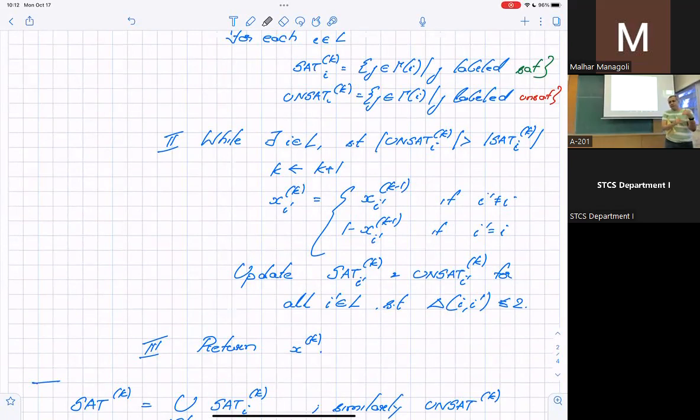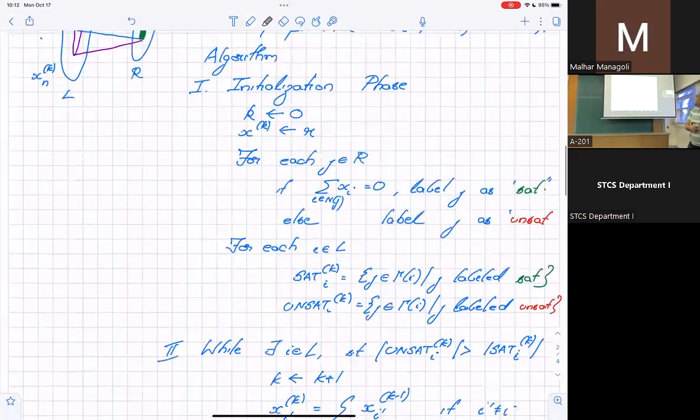So to show that the whole algorithm is linear time, it suffices to show that the initialization phase is linear time, and each iteration of the while loop can be performed in constant time. So let's look at that.